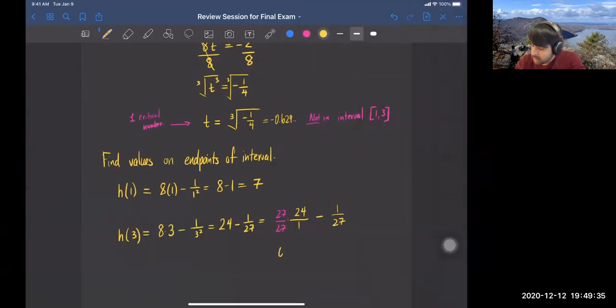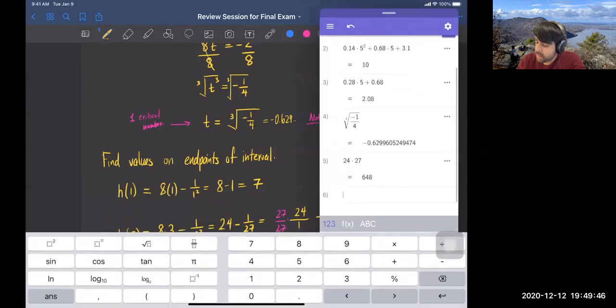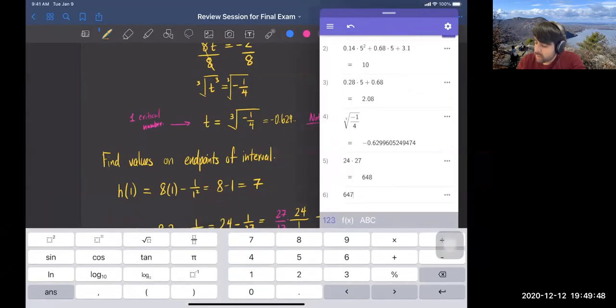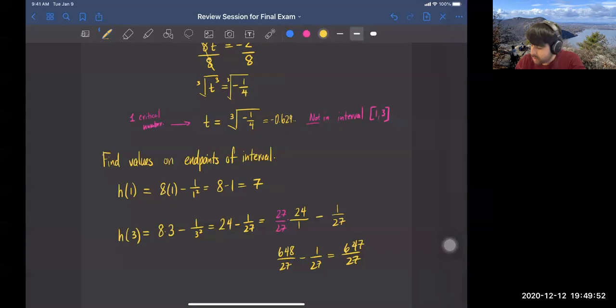So then I get 648 over 27 minus 1 over 27, which is 647 over 27. And if I want to write this as an approximated value, 647 divided by 27 is 23.96, dot, dot, dot.